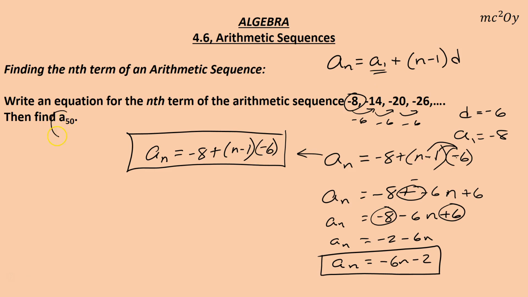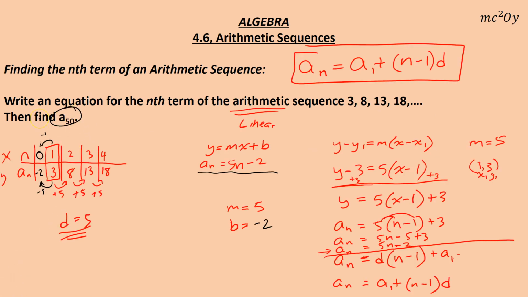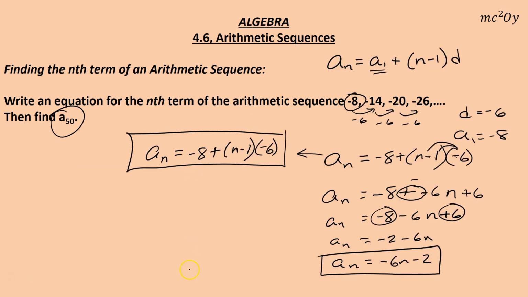But it does say find a sub 50. And notice this previous one also said find a sub 50. And we didn't do that over here. Okay. So I'm going to use this equation right here, either this one or this one. Since I've already got it in slope-intercept form, this is easier to use. I'm going to find a sub 50 using this equation. Okay, so I want a sub 50 now. That means n equals 50.